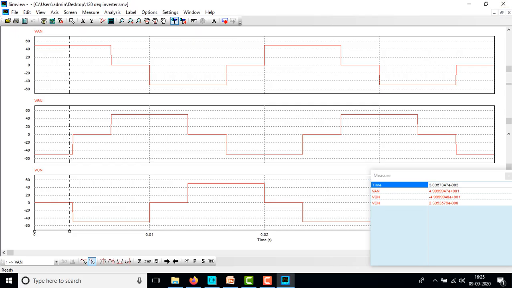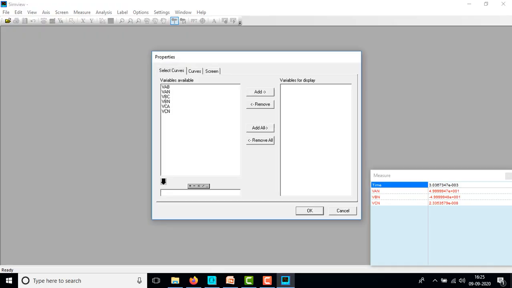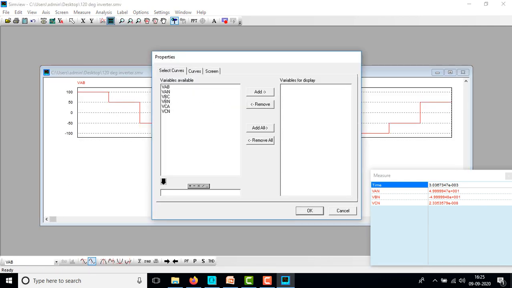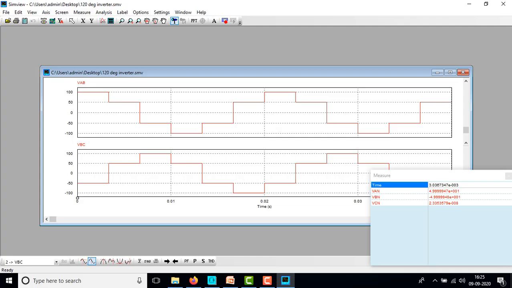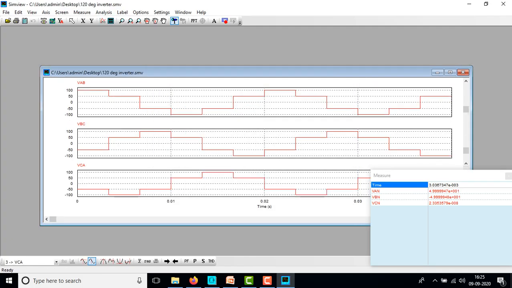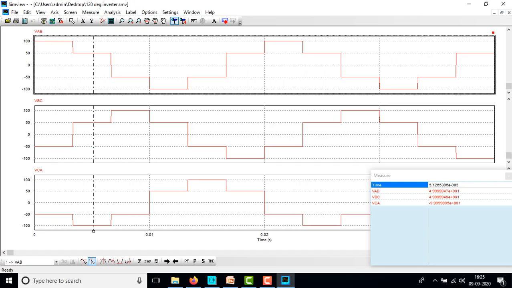Next we can measure the line voltages. VAB is a 6-step waveform, then VBC, and third one VCA. They will have magnitudes of Vs by 2, Vs, minus Vs by 2 and minus Vs, again minus Vs by 2.